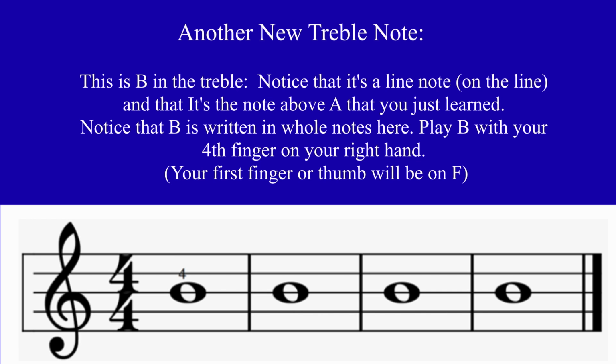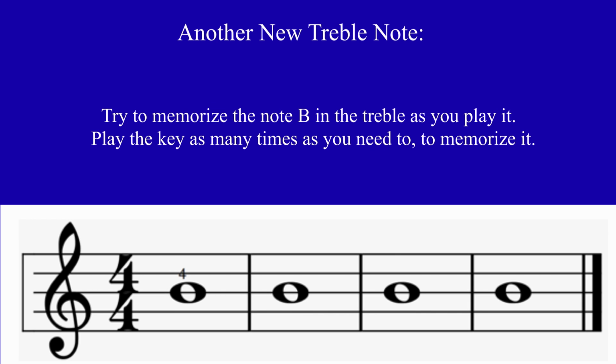Your first finger or thumb will be on F. Try to memorize the note B in the treble as you play it. Play the key as many times as you need to memorize it.